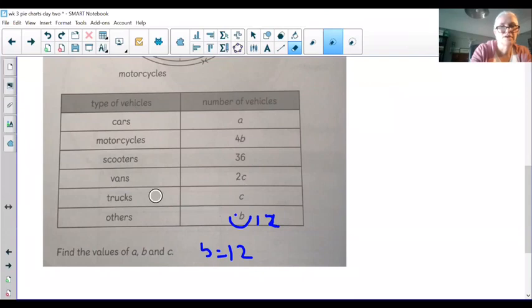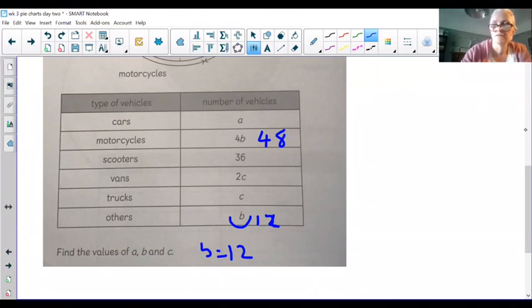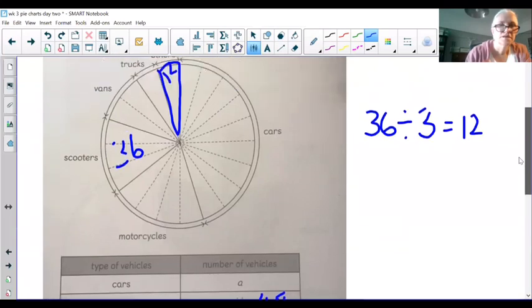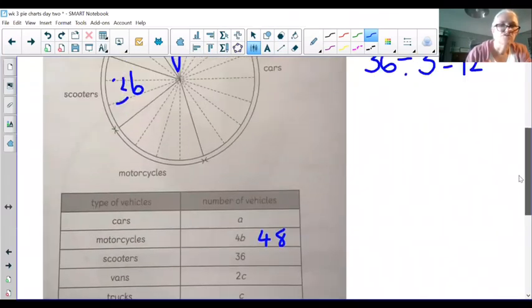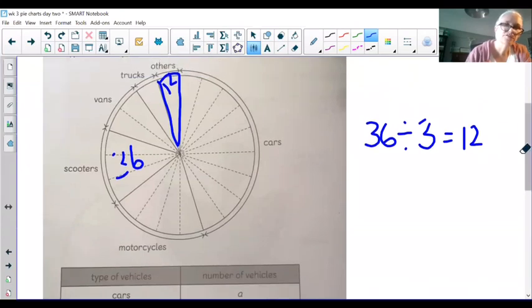So let's see if I can work out what C is. So I need to go back to the pie chart to work out what C is. And it is, which one? Trucks. Okay, so let's find trucks. Oh, trucks is also just one segment.